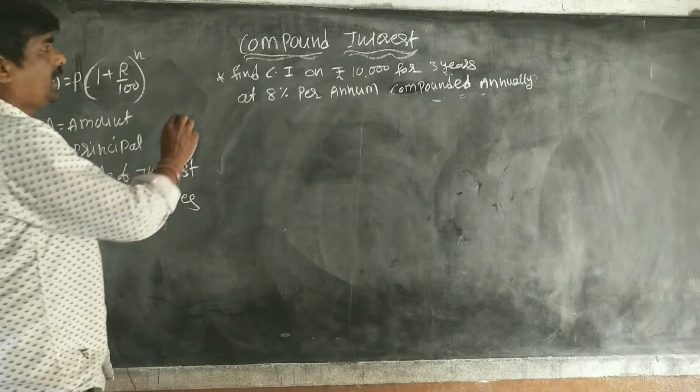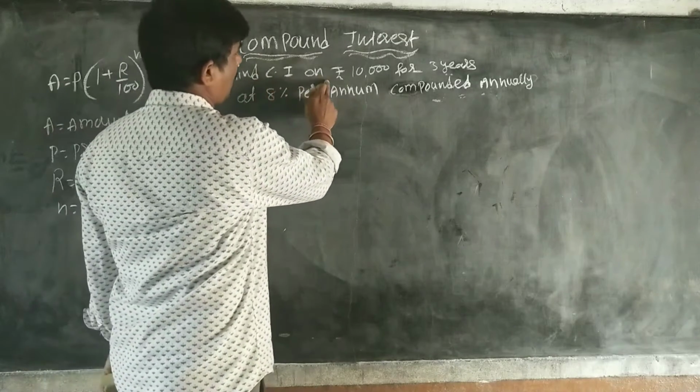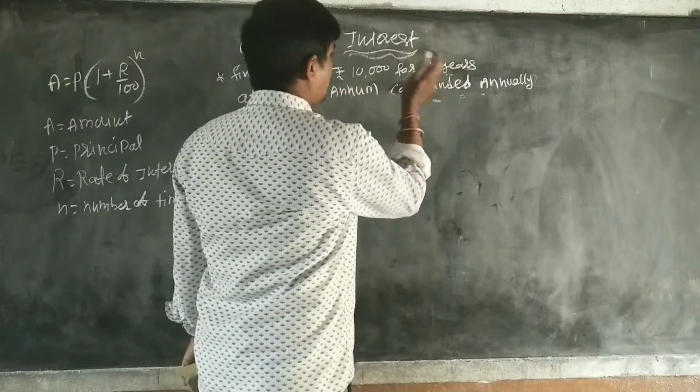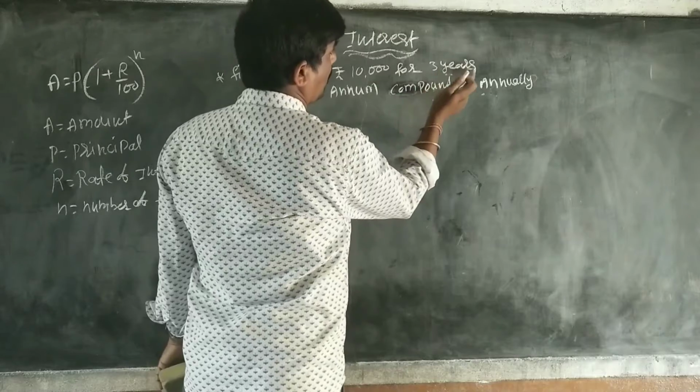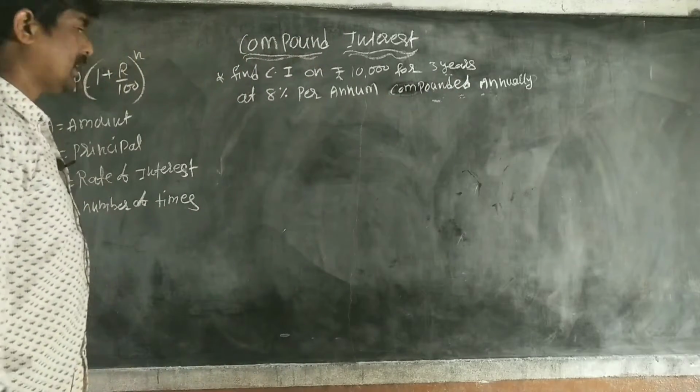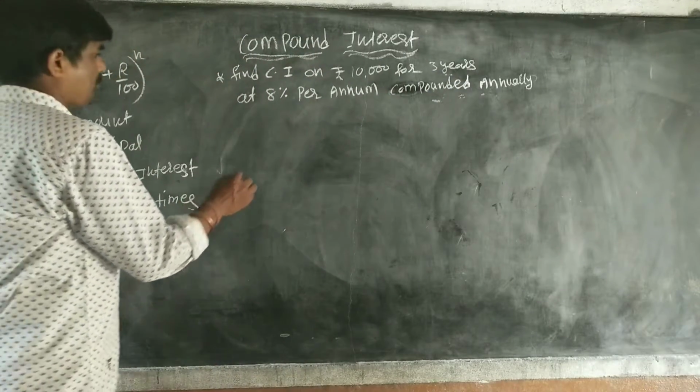Question: find compound interest on rupees 10,000 for 3 years at 8% per annum compoundedly. Solution.